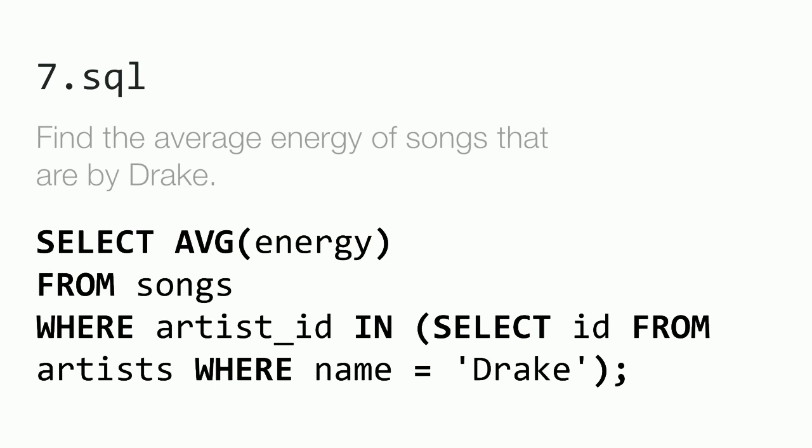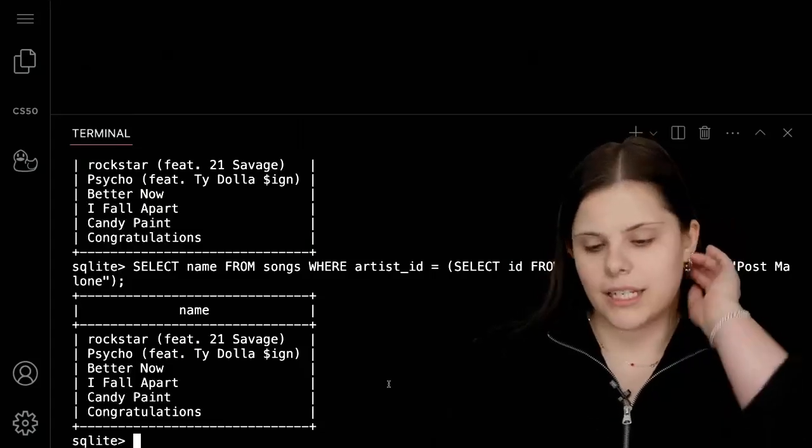After that, we go back to our outer select statement, where we use an aggregate function called average to find the average energy of Drake's songs by referencing their artist ID. So again, let's go back to CS50.dev and see how we can do that in practice.